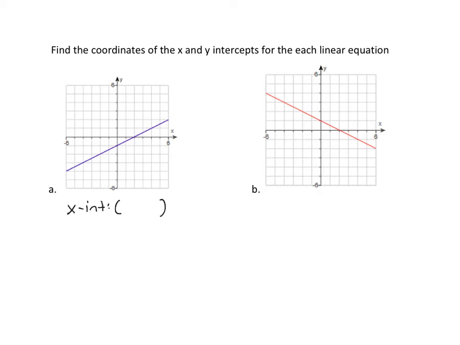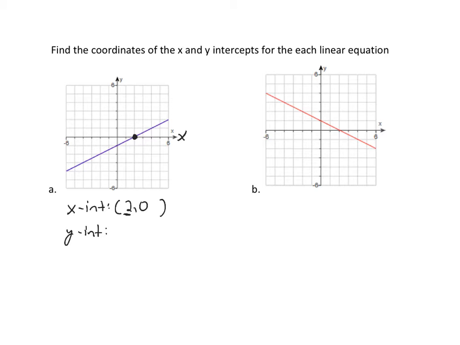The x-intercept is talking about where we cross the x-axis. This is the x-axis, and we cross at the black point, that point that I've just made there. That would be considered the x-intercept. The coordinates of that point are 2, 0. So notice that is where y is 0 for our graph. The x value is 2.